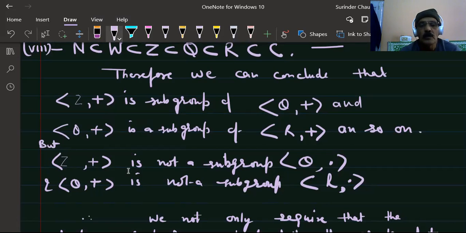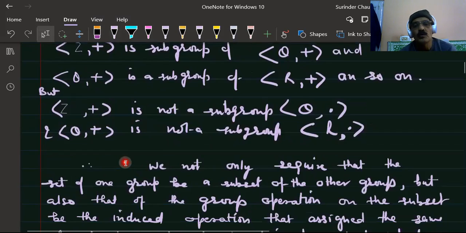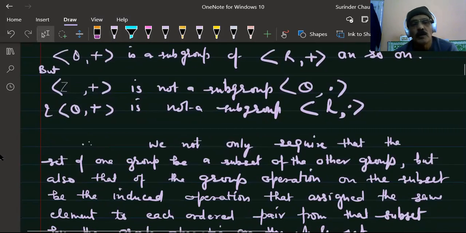Now from these examples we will find the definition of subgroup.